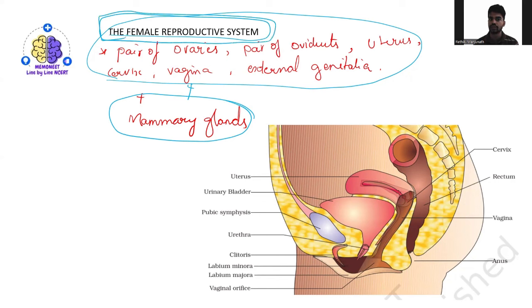They are structural and functional to support ovulation, fertilization, pregnancy, birth, as well as child care. From fertilization to child care, all these together form the female reproductive system. You need to keep this basic thing in mind.